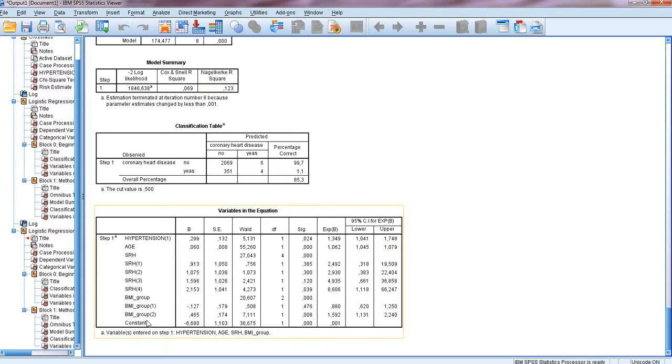And BMI group: overweight is compared to normal weight. Category 1 with category 2 is the risk factor for heart disease, but obesity as compared to normal body mass increases the odds of having coronary heart disease by 1.5 times, or by 59%, as compared to normal body mass.